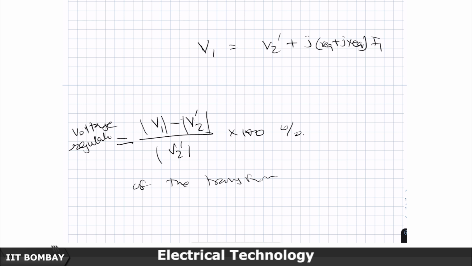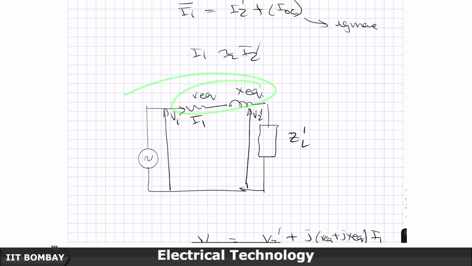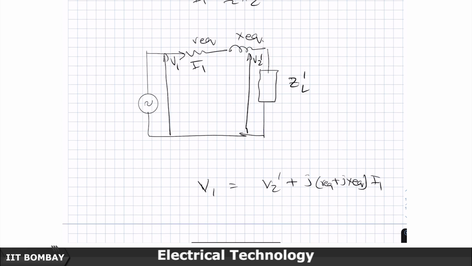So, if I say voltage regulation is 5%, then what it means is this numerator, the difference in the voltage at open circuit, V 1, and V 2 dash, the voltage at the secondary terminals multiplied by the turns ratio, which is called referring it to the primary under load condition. So, this indicates how much voltage has dropped when you applied the load because of these parasitic effects of resistance and the leakage reactance of the transformer.